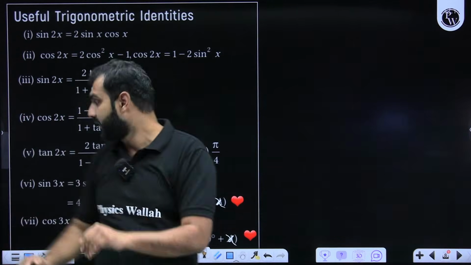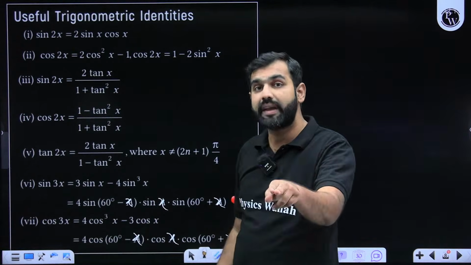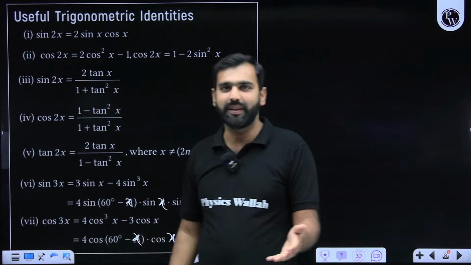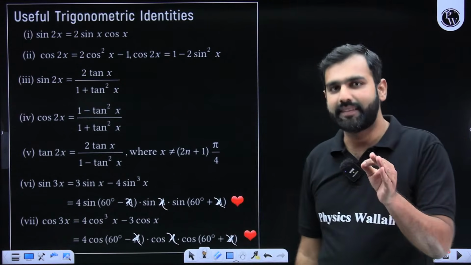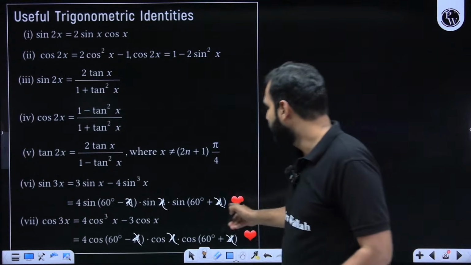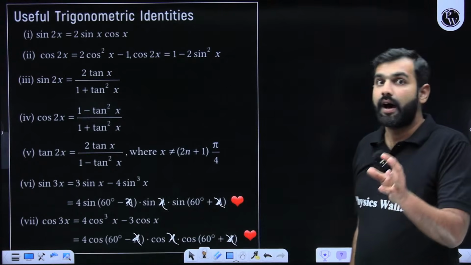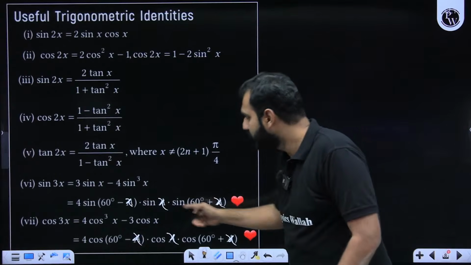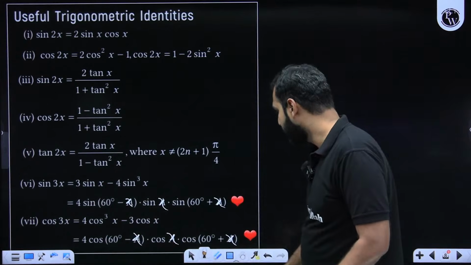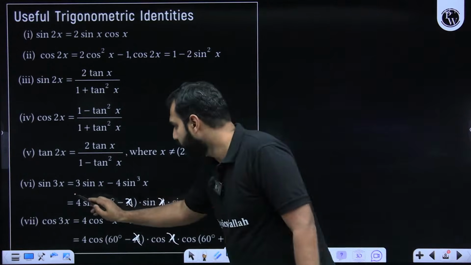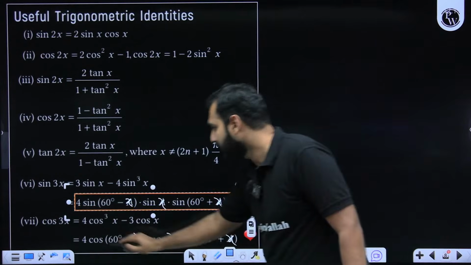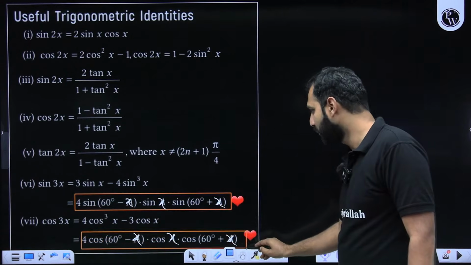If x was 10, this expression would be equal to sin 3x. X is 10, so it will be sin 30, and sin 30 is 1 by 2. Within seconds, you can crack the answer if you could realize how you should convert this into sin 3x. So I repeat my part very clearly. You've got to remember sin 3x as this and this. I hope you wouldn't forget that. Can we move ahead from here?